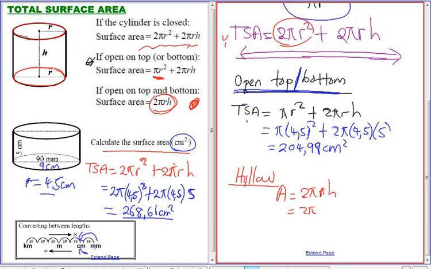Our radius here happens to be 4.5, and we still have our height of 5. Calculator work. This is a 5, by the way. Well, it does look like it's 45 pi. It's an easy one to see. And then we get 141.37. Okay, good. So this was, I hope, good revision of things that you already knew.